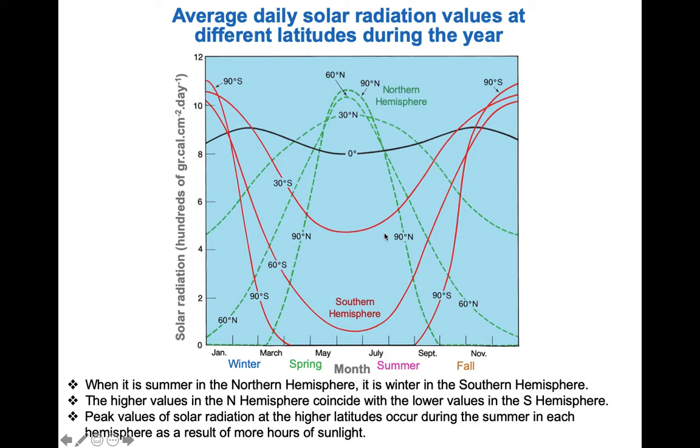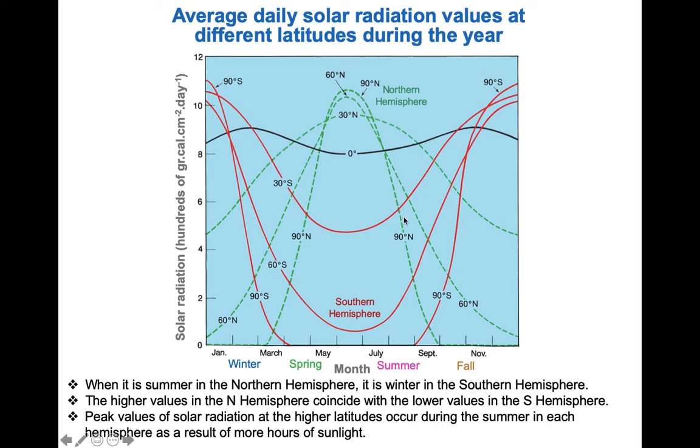And the same thing in the southern hemisphere, shown by these red curves. And you'll realize that from 30 degrees south latitude to 60 degrees south latitude, the seasonal solar radiation changes become much more dramatic. So the higher values of solar radiation in the northern hemisphere almost coincide with the lower values in the southern hemisphere.